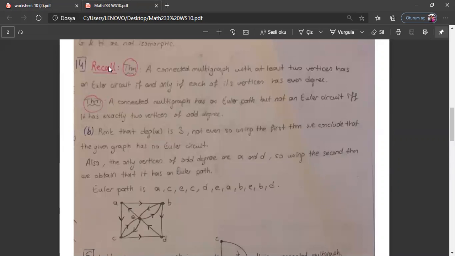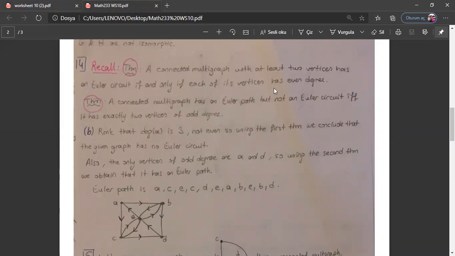So let's check for B. Okay, so the degree of A is 3, right? We have 3 edges here, as you see. And it's not even, it's odd. And from using this first theorem, we can conclude that there is no Euler circuit, right?